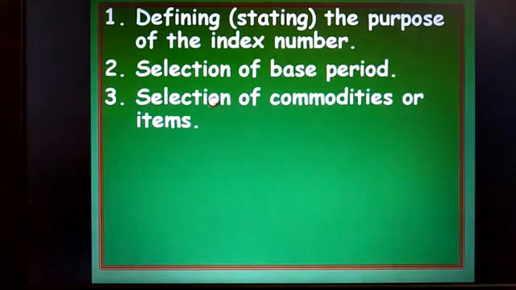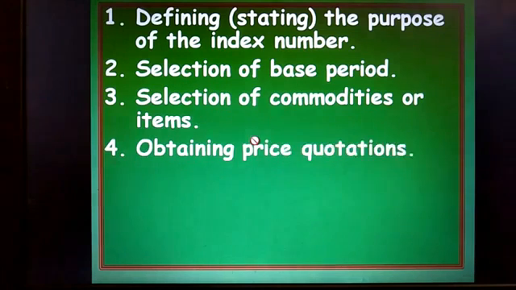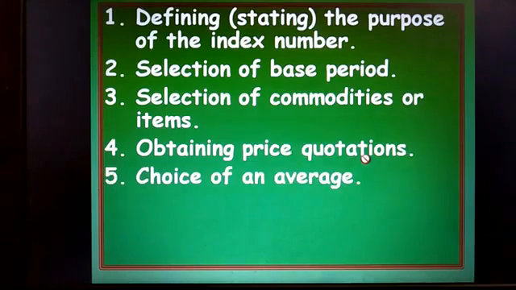And after that, selection of commodities or items, which are the commodities to be included, for example lighting, house rent, miscellaneous, food, cloth, what we discussed. In that way, selection of commodities or items. And then next, as we obtained the price quotation in terms of consumer price index number, here also obtaining the price quotations.